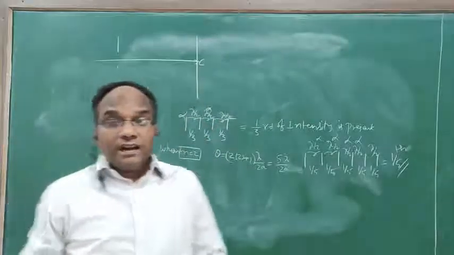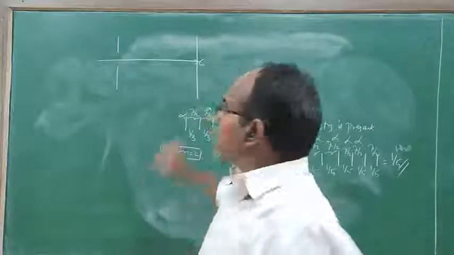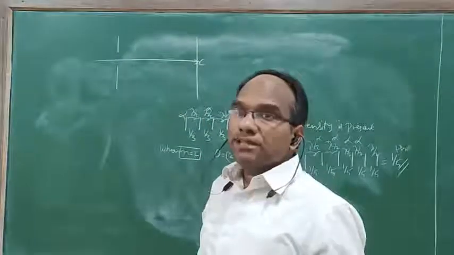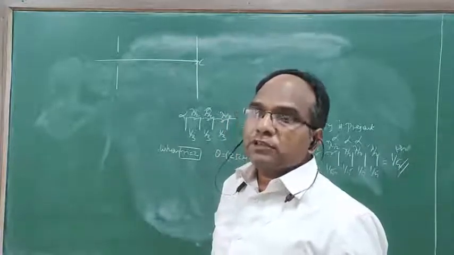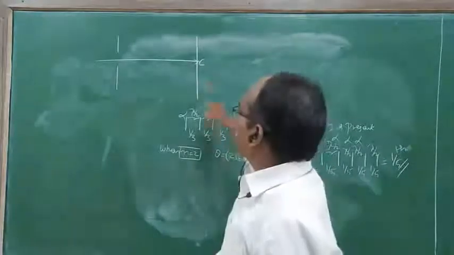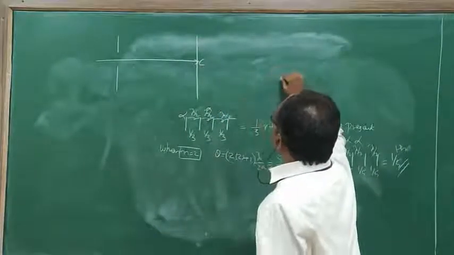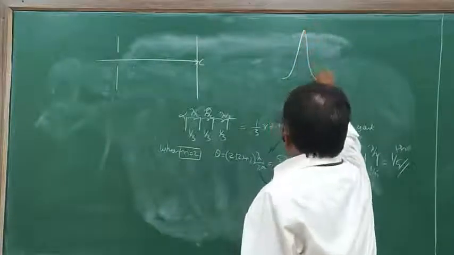What I said, it is a bright central maxima. It is not having any path difference. It is having zero phase difference. So that's why it is a bright central maxima. Bright central maxima means the intensity of light is very bright.